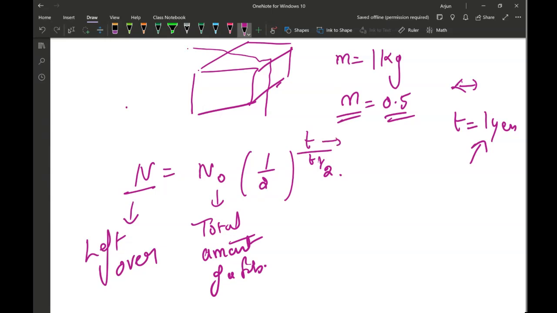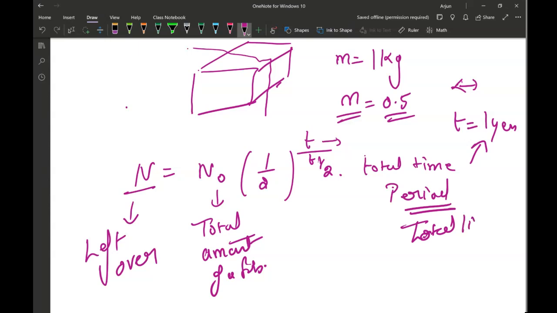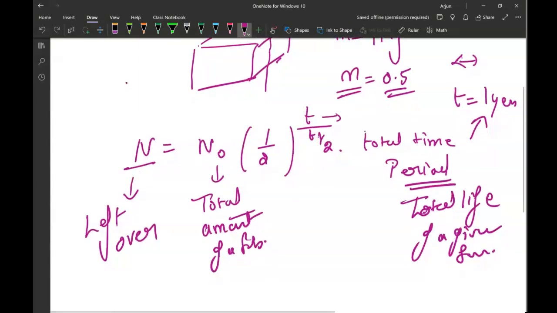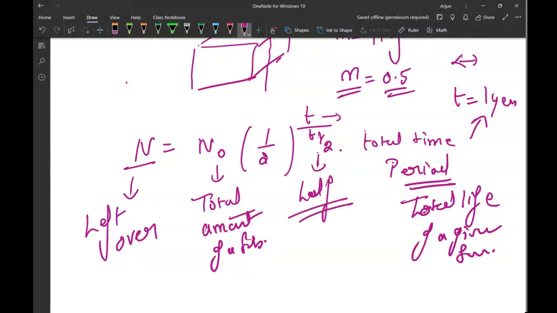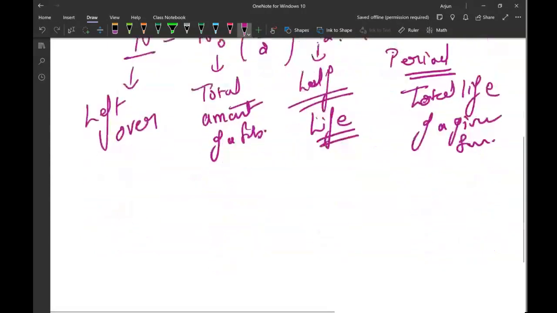t is the time period, total time, or you can say total life in easier words, total life of a given substance. And t half is the half-life, as I told you, in how much time the substance will be half of its total amount.